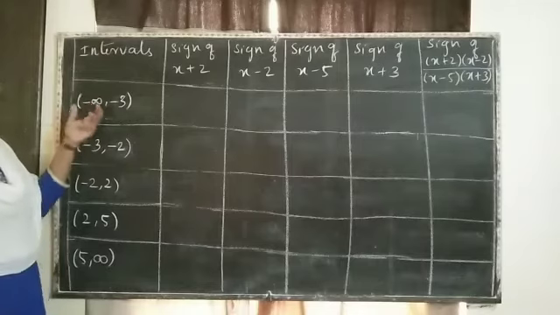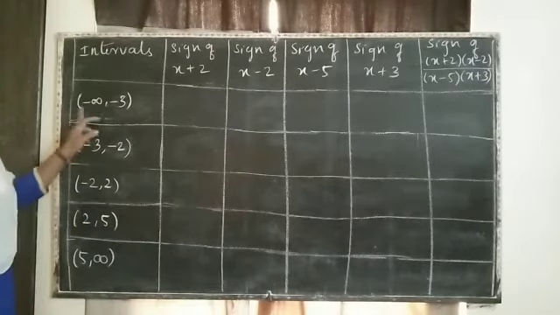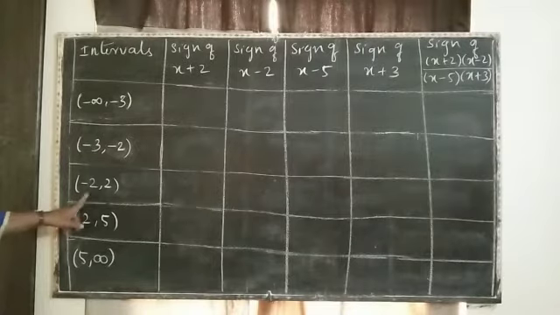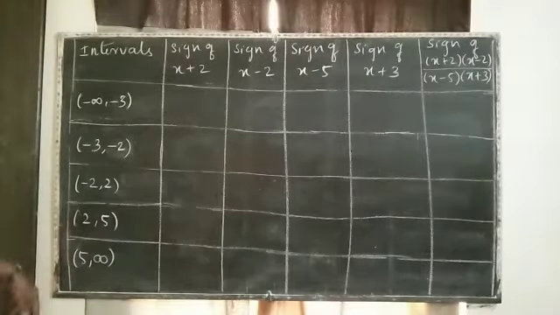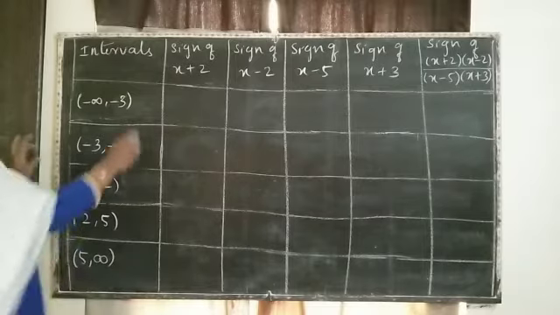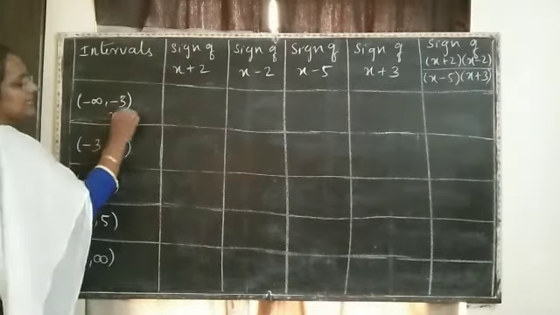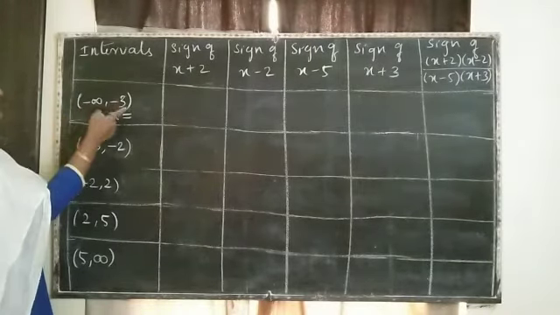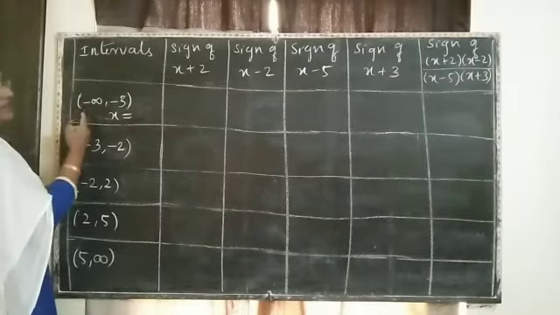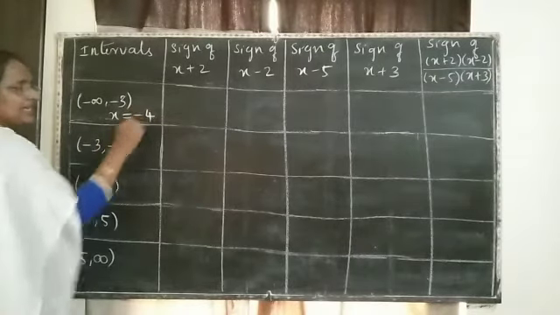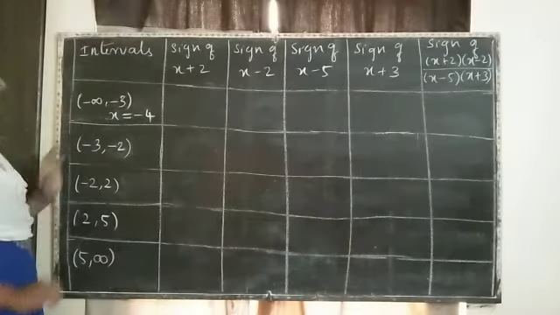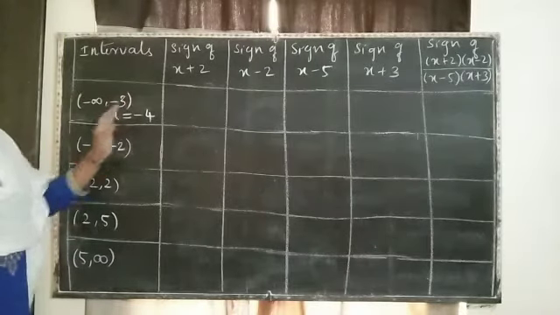Okay, so as we said, we have divided the intervals as minus infinity comma minus 3, minus 3 comma minus 2, minus 2 comma 2, 2 comma 5, and 5 comma infinity. Now shall we take the values of x here? Between minus infinity and minus 3, shall we take x is equal to minus 4, and then comes minus 3.